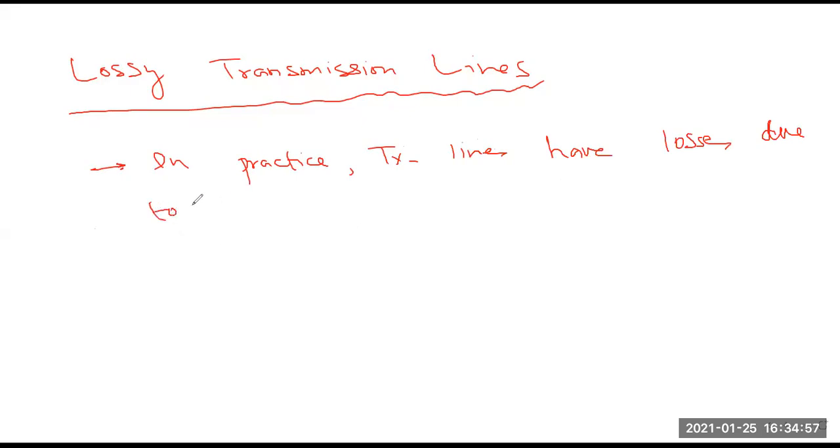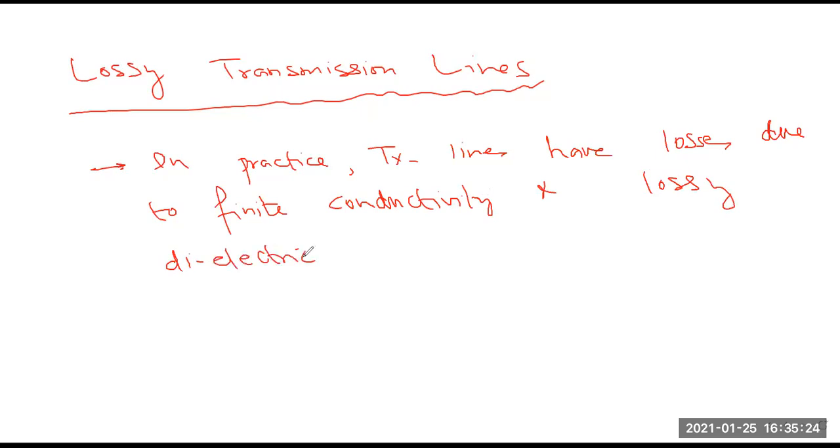Because the conductor and dielectric that are used to design or manufacture transmission line are all having finite conductivity, due to finite conductivity and lossy dielectric.